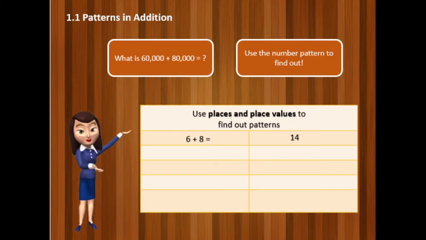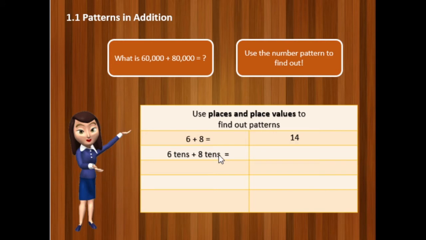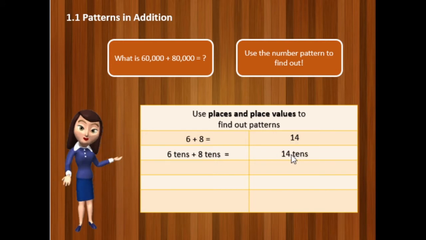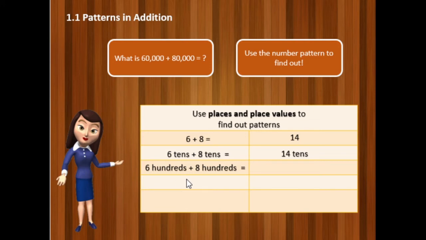Using the places and the place values, answering addition equations becomes easier. Look at this. 6 tens plus 8 tens. The answer would be 14 tens. If we have 6 hundreds and 8 hundreds, there would be 14 hundreds.